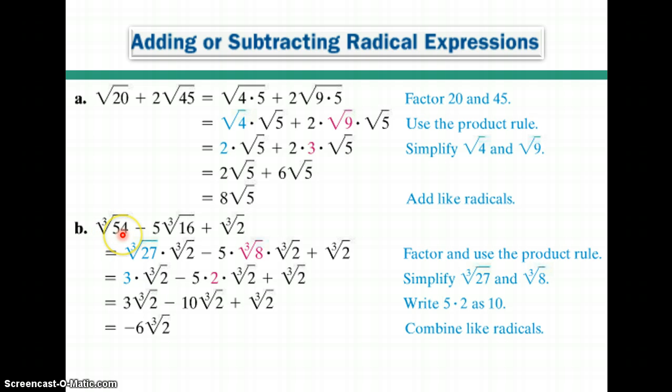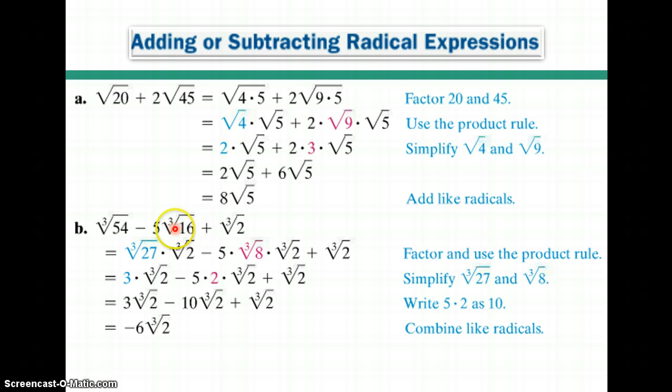Cube root of 54 minus 5 times cube root of 16 plus cube root of 2. 54, the radicands can be written as 27 times 2. By using the product rule, we can write cube root of 27 times cube root of 2.